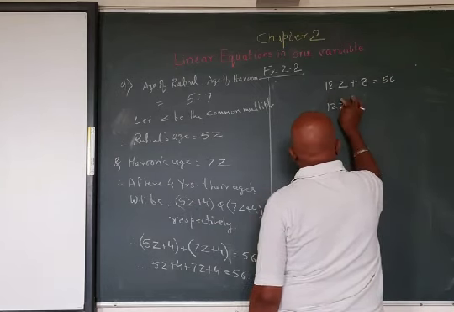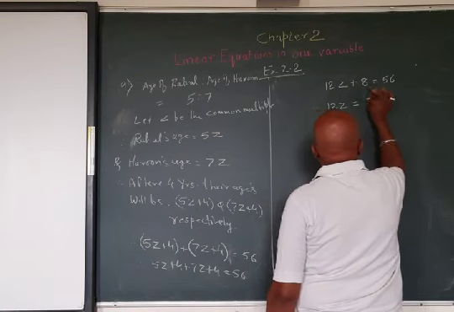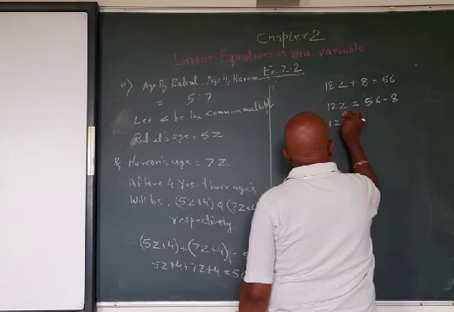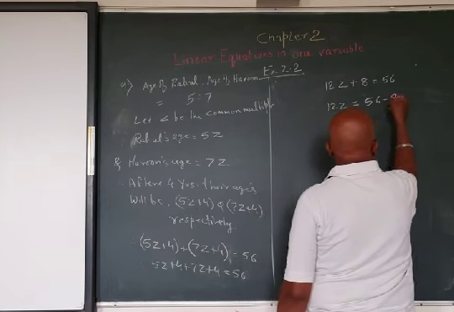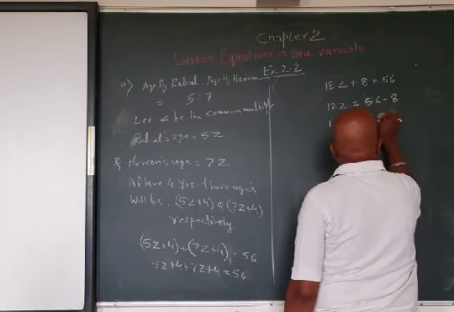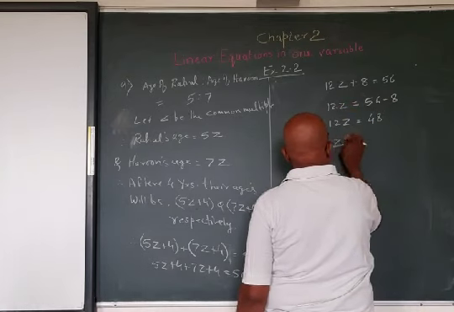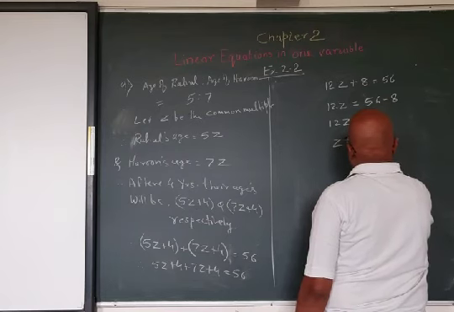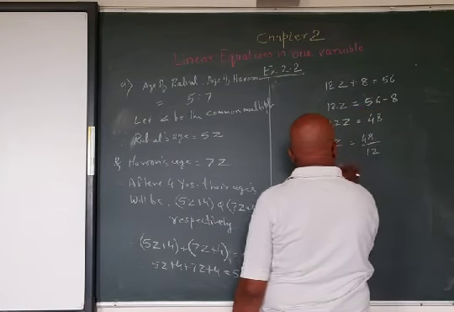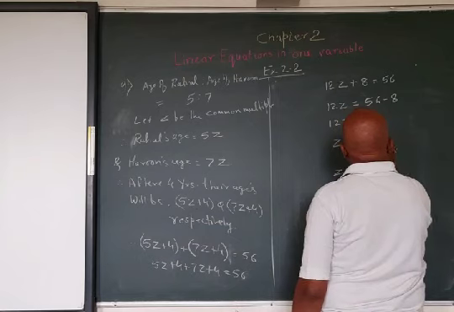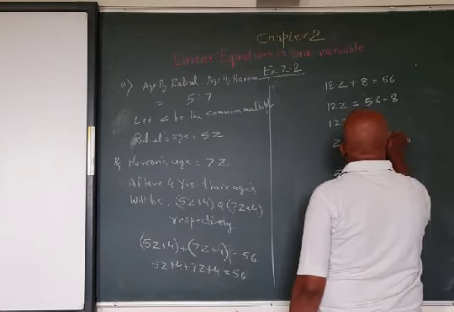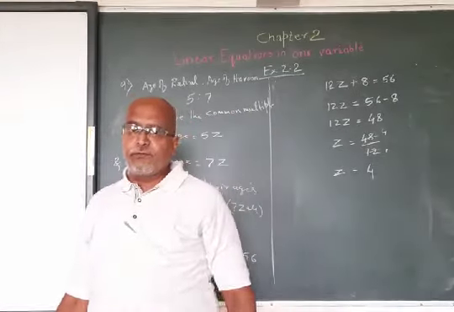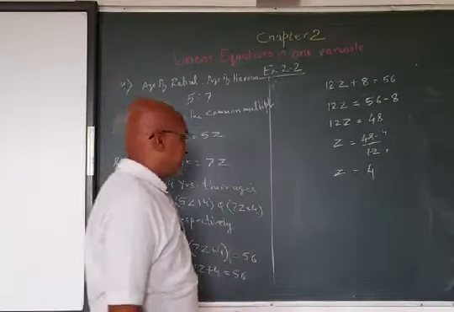So 12Z equal to 56 minus 8, which is 48. So Z will be equal to 48 by 12. So it will be 4. Now we have found Z as 4.